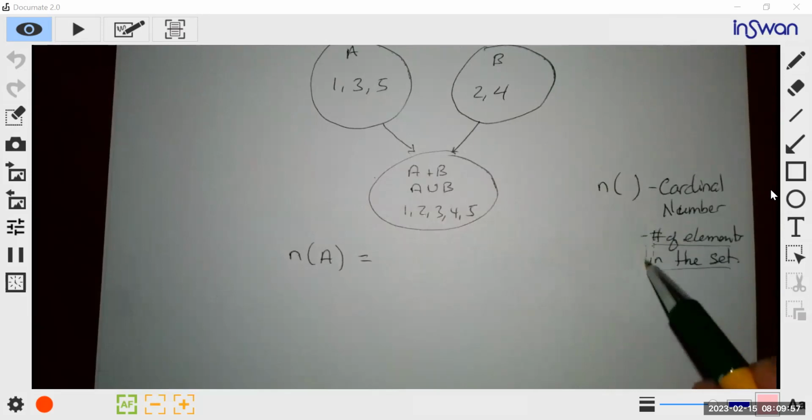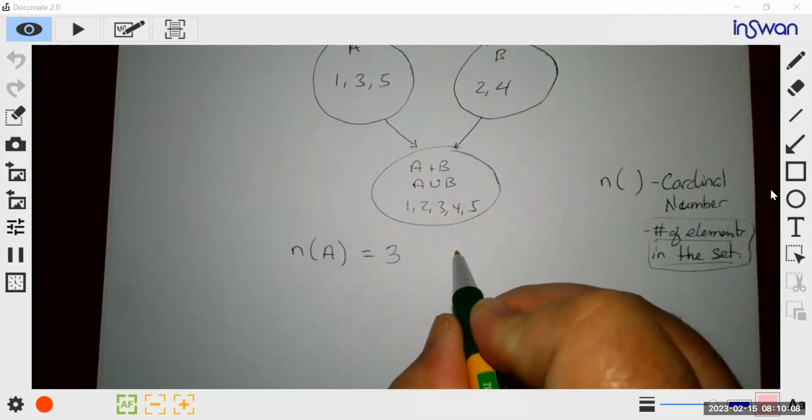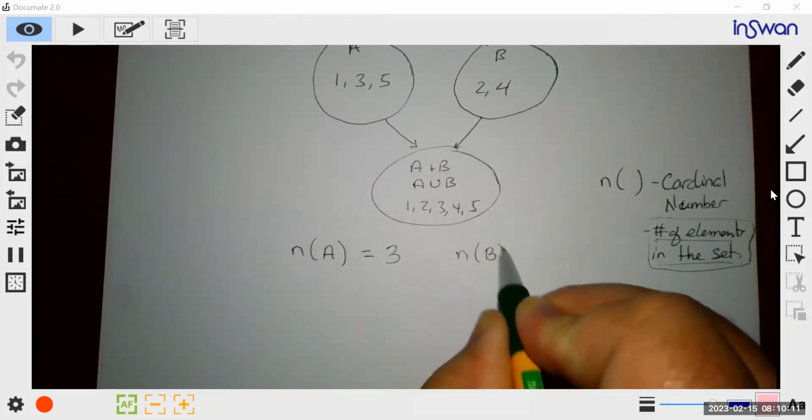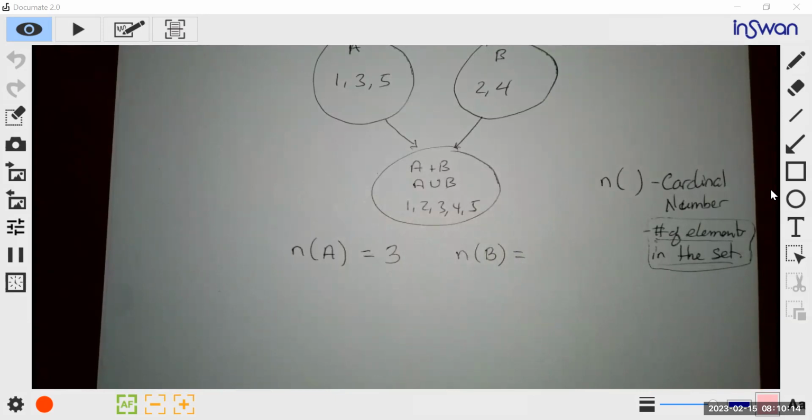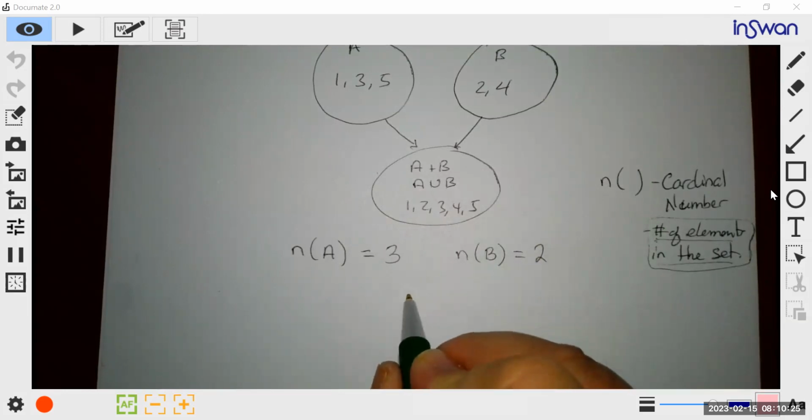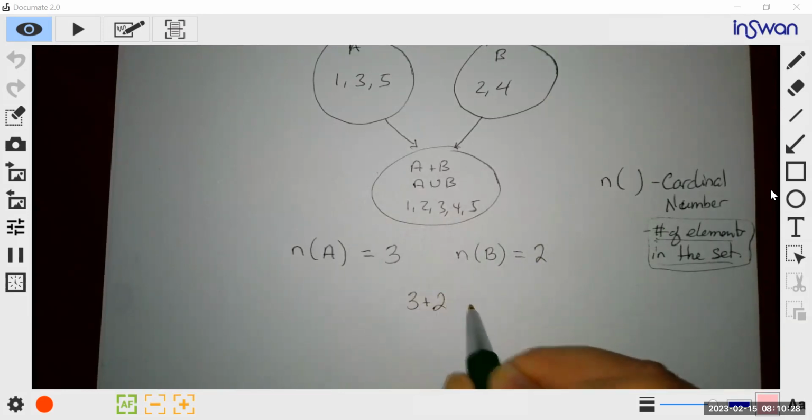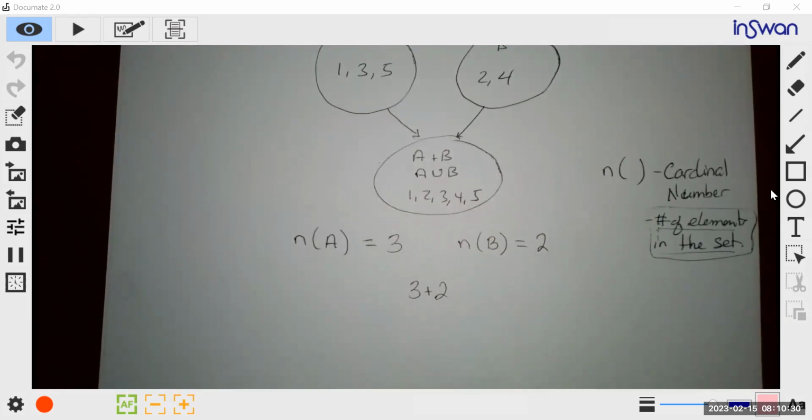What does that statement mean? Because there are 3 elements in set A. In set B, we have how many? 2. So we can add the 2 numbers, 3 plus 2. Which equals what?